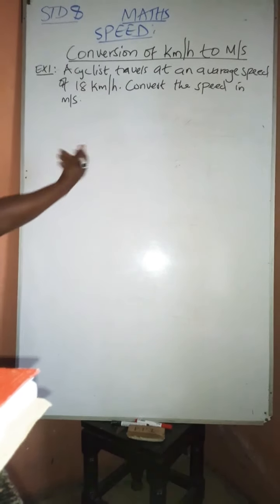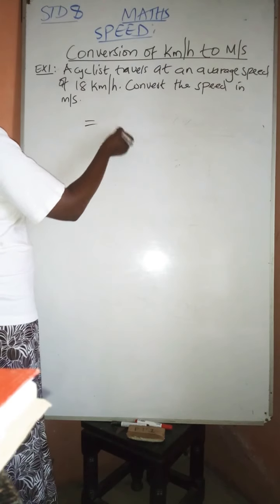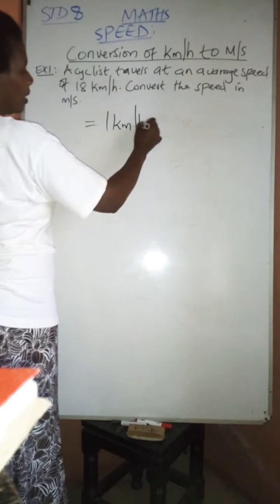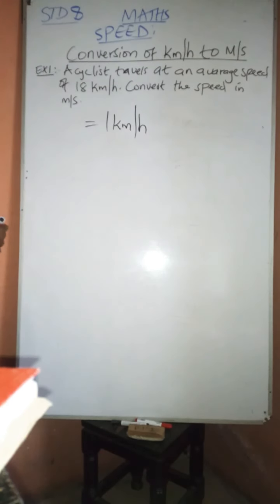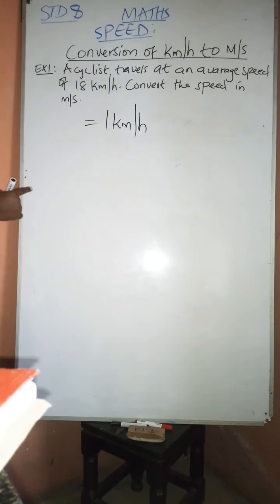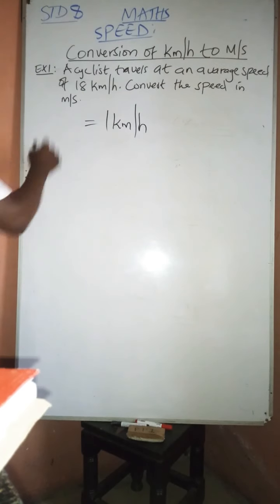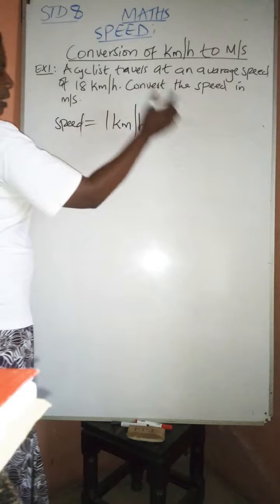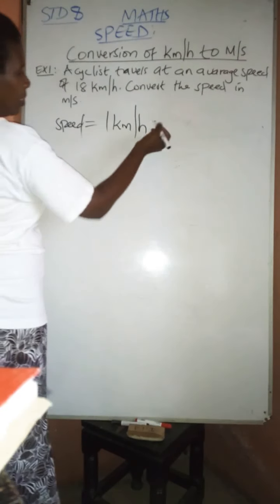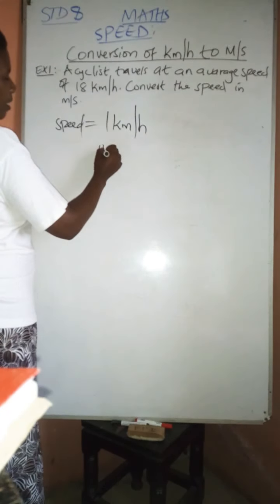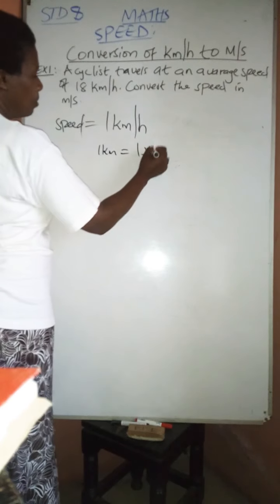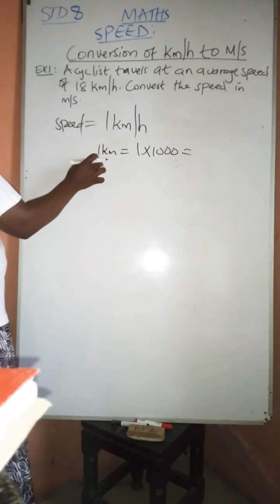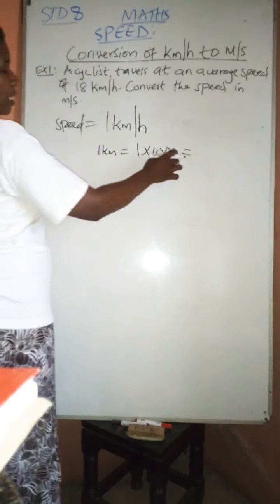Now I want us to approach it this way. For every 1 kilometer I travel, I spend an hour. So therefore my speed is 1 kilometer per hour. And in my conversion, I know that 1 kilometer is the same as 1 times 1,000. I'm converting into meters because I know in 1 kilometer there are 1,000 meters.